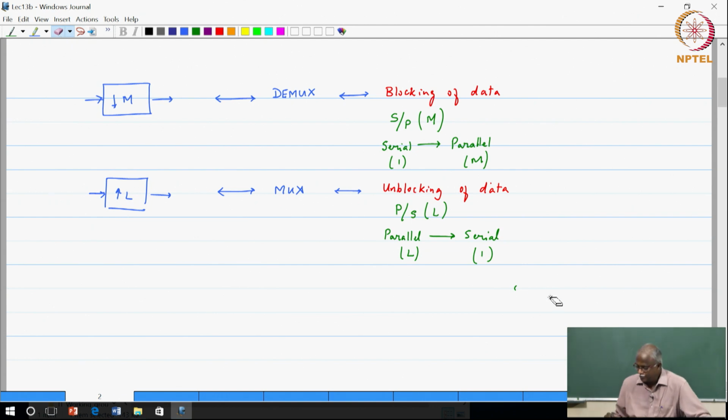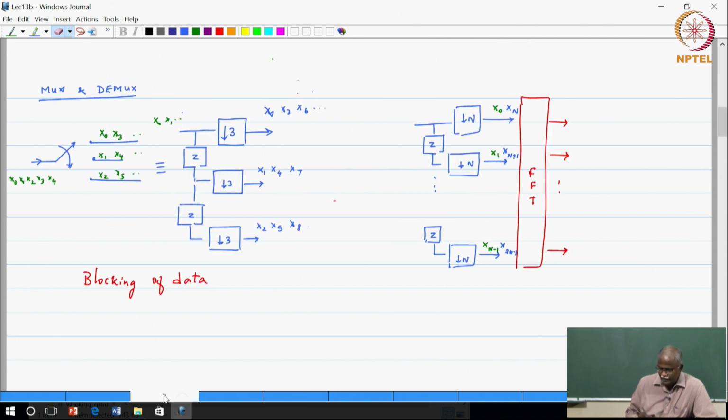Now, let me just reinforce this with the slide that we drew in yesterday's class. I did not want to start with that, but it is useful for us to review the slide that we looked at last time. So, the downsampler embedded with some delays gave us a demultiplexer, and we said that if these are advance elements, then we have a demultiplexer that is going in the clockwise direction.